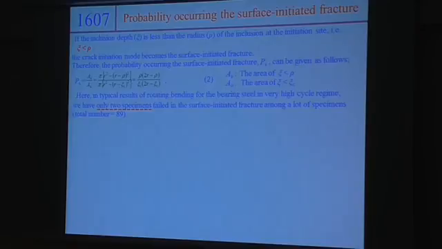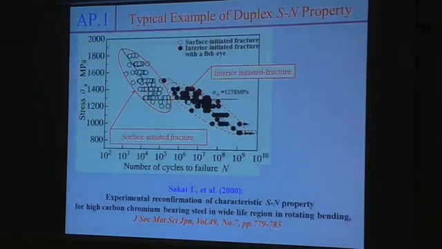Here, in a typical result of rotating bending for bearing steel in the very high cycle regime, we have only 2 specimens failed in the surface initiated fracture among a lot of specimens. Total number 89. It means this is a typical duplex SN property reported by Sakai et al.